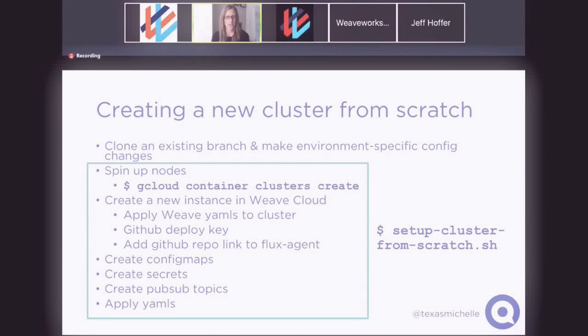We give the Flux agent access to the deploy key. And then we run our script that generates all of our config maps and all of our objects and applies all of our YAMLs. And essentially, that's a single script. And because all of it is automated, it means that we can recover from a lost cluster in a much shorter amount of time than we have ever been able to before.